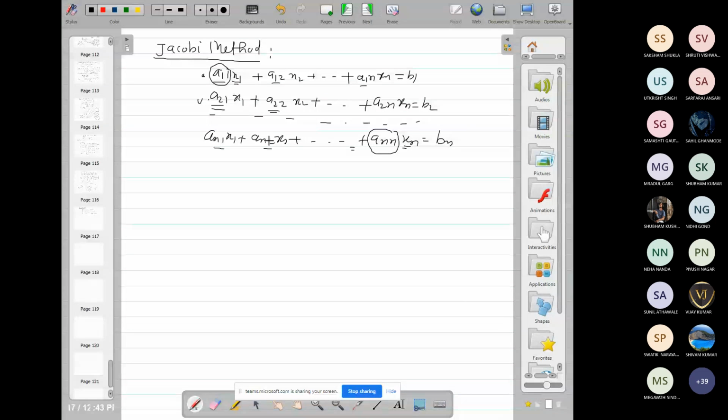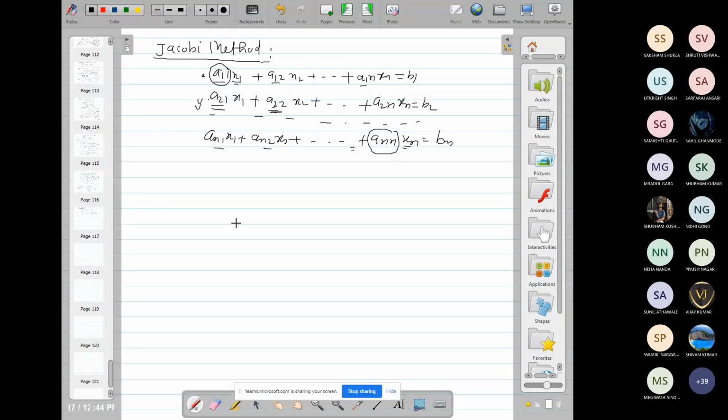If this is true, and you need to check this condition first, then the Jacobi method is applicable. If this is not in order, we may arrange it by interchanging the positions of the equations. Or if by changing this we are still not able to arrange it, then this method fails. So here we assume that in the first equation a11 is large, in the second equation a22 is large in magnitude, and in the last equation ann is large.